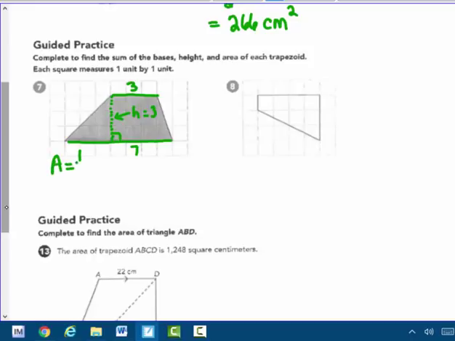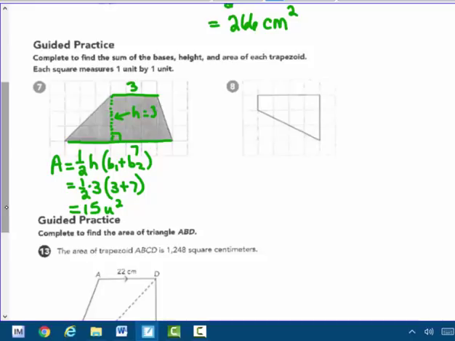Area equals half the height times the sum of the bases. Formula. Plug in half of 3. That's not so nice to do. Half of 3. And the bases are 3 and 7. Oh, I can take half of 10 much easier. Half of 10 is 5. 5 times 3 is 15. And it's just units squared.